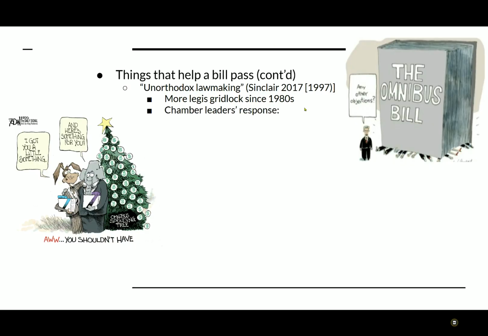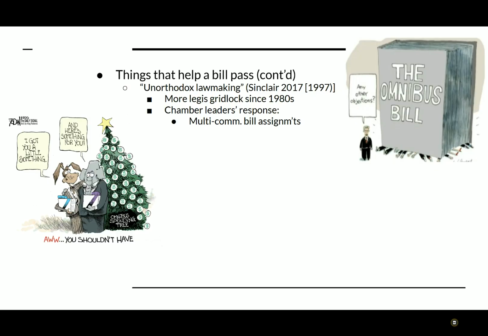In response to this gridlock, leaders of both houses responded with certain strategies to get around that gridlock or break through that gridlock. And one was to assign a single bill to multiple committees.